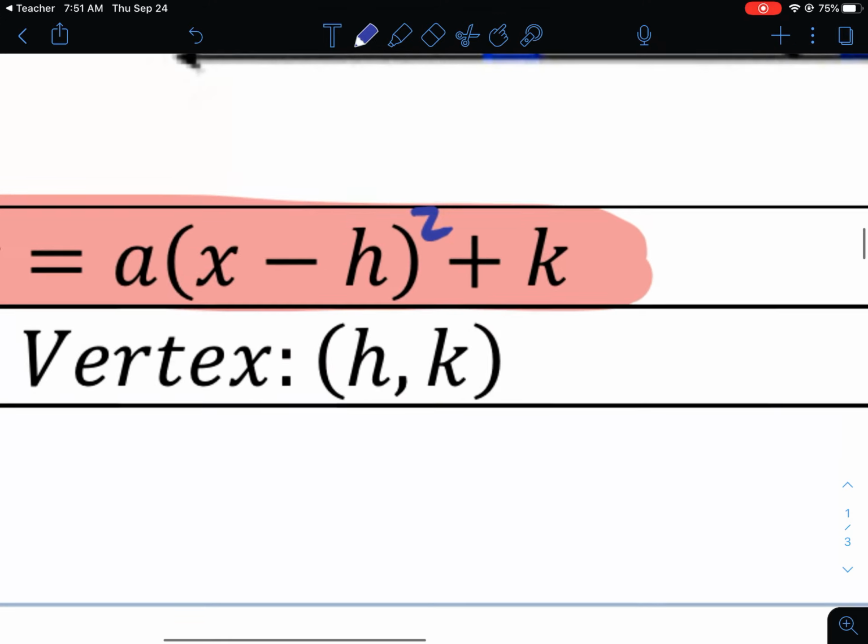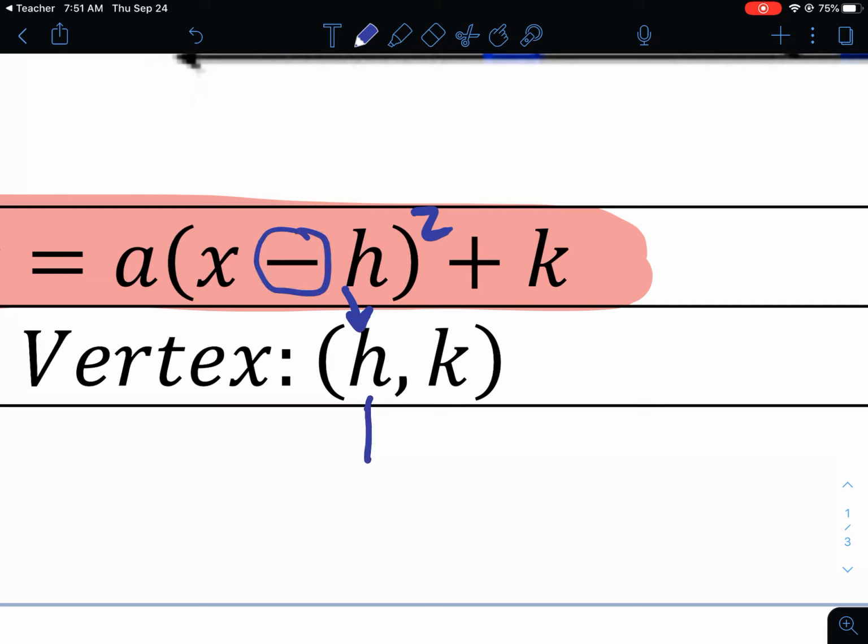One thing that you need to note is that when you're trying to find the vertex, notice how in the formula there's a minus sign there. So you got to be careful when you are trying to look at the equation and look at the vertex, because of this minus sign that's right here. Whatever goes in for h here is actually going to be the opposite of what is right here.